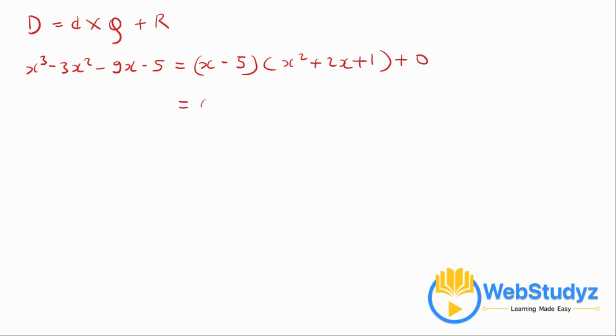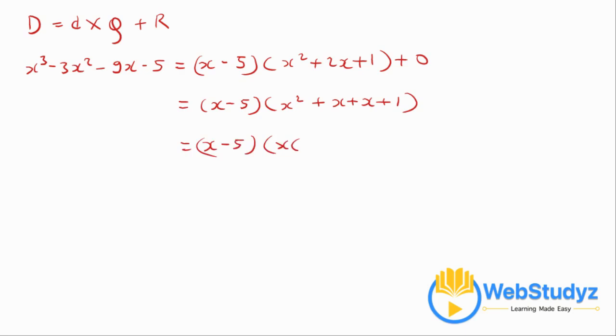So now we can split this using the middle term splitting method. So this can be written as x square plus x plus x plus 1. So this will be x minus 5.